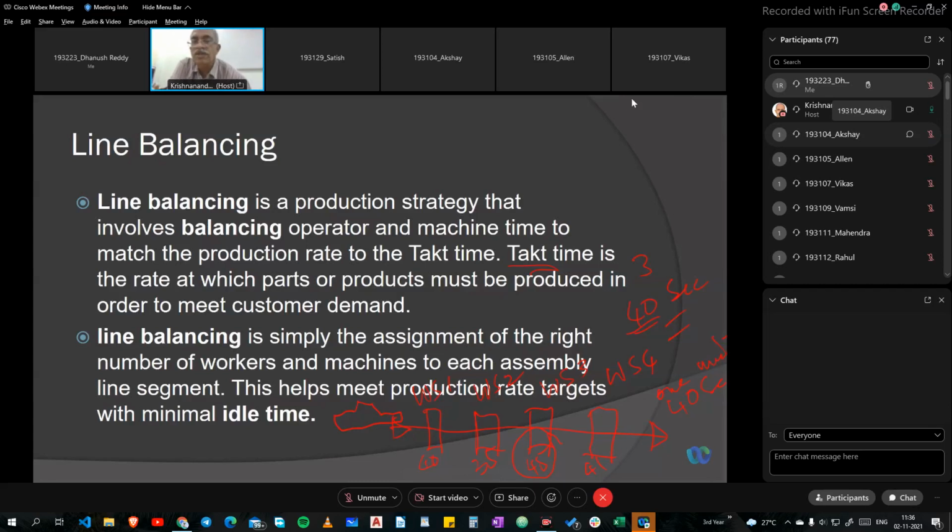So the basic input for designing any mass production line is the takt time.